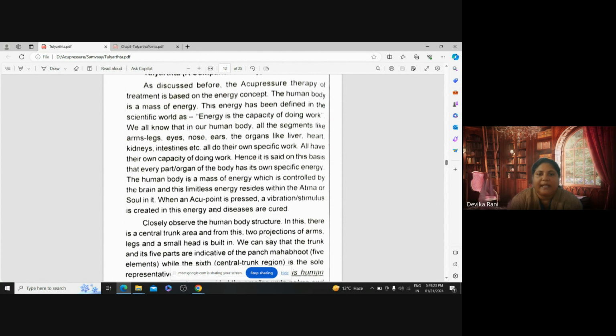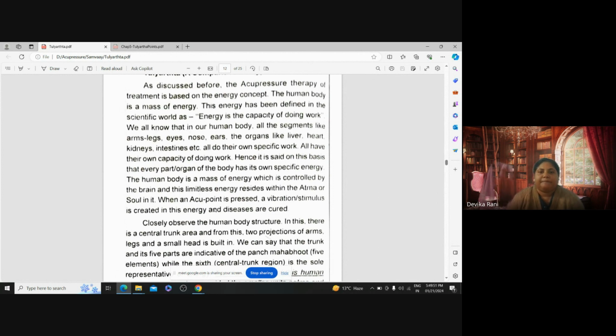That is what an acupoint is balancing when there is a treatment being given. Every part of your body uses energy. And if there is an imbalance, that needs to be balanced and treated. If there is an imbalance, obviously there is disease and that needs to be treated and balance needs to be restored.